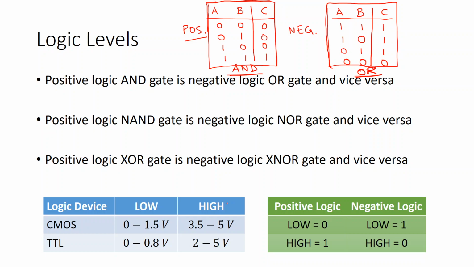You will get your OR operation. If you needed to implement the XNOR gate in negative logic system, you take the XOR gate of the positive logic system, the same hardware, the same connection of transistors, and you pass your signals through that, you will get the XNOR operation in the negative logic system.